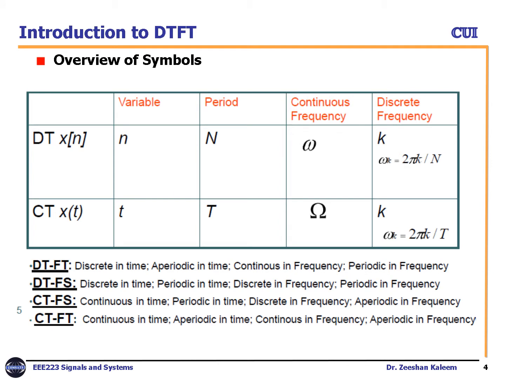So, an overview of some symbols just to notify the difference between discrete and continuous time. Usually for discrete time we use x of n, where n is the variable, and capital N for the period.